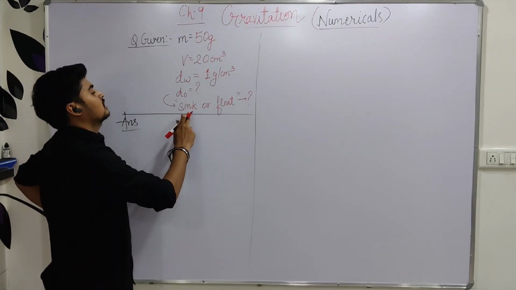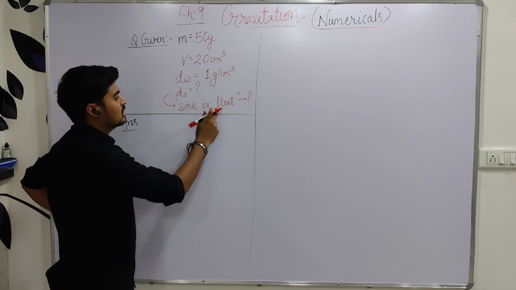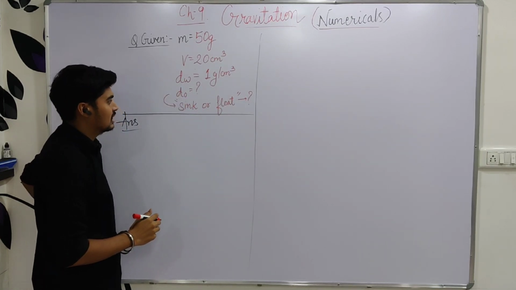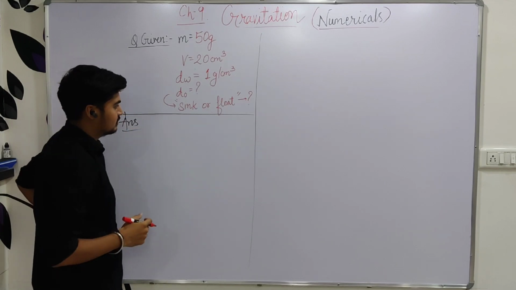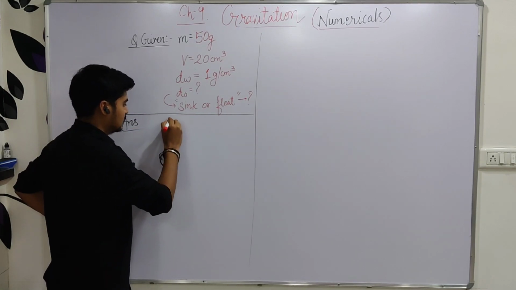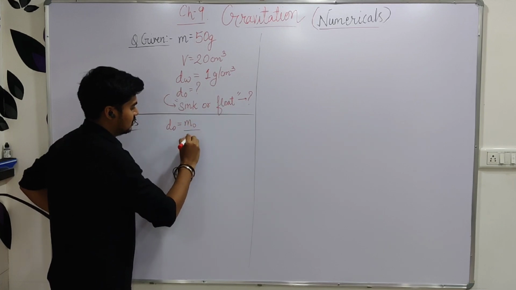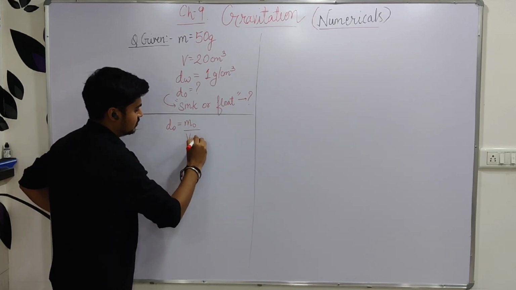So to check whether the particular object will sink or float, we have to calculate the density of that particular object. Then I will tell you whether it will sink or float. Basically, density will be equal to mass of that object upon volume of that object.